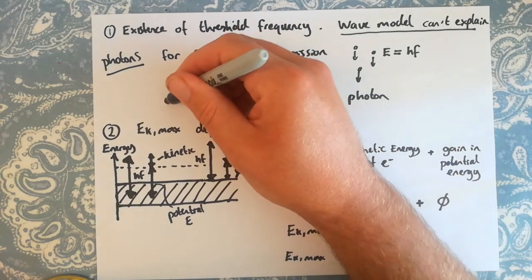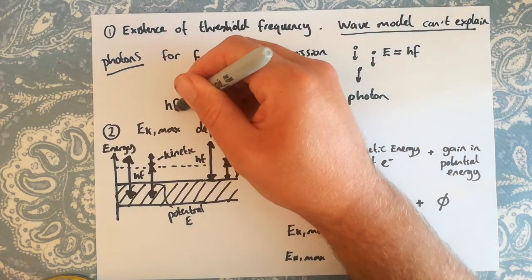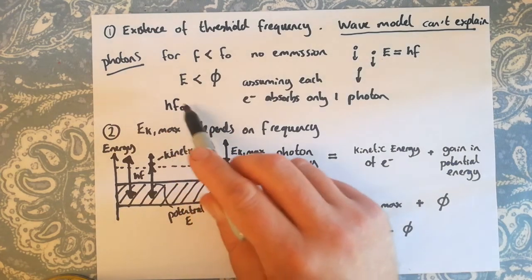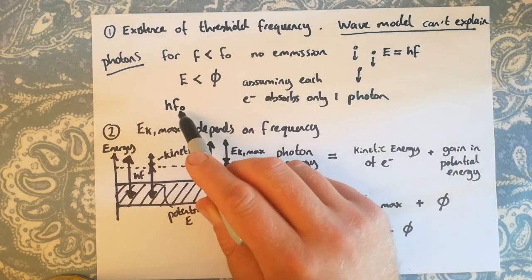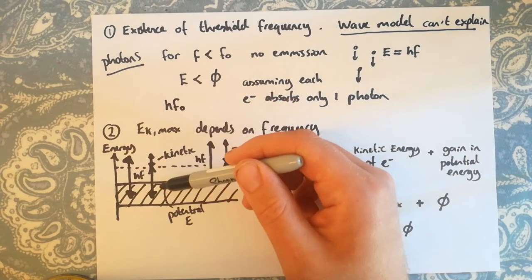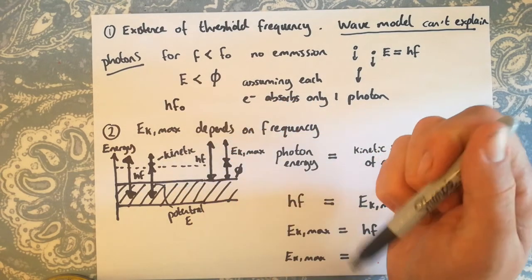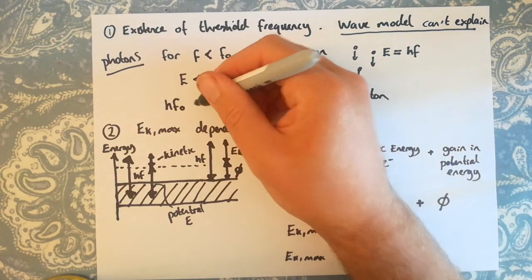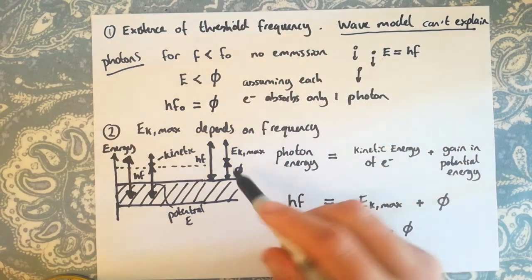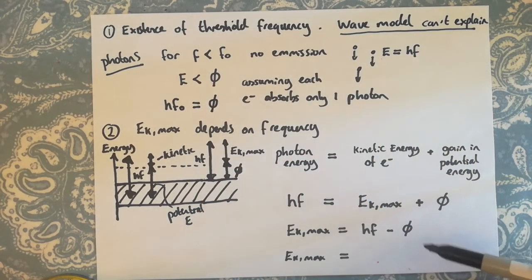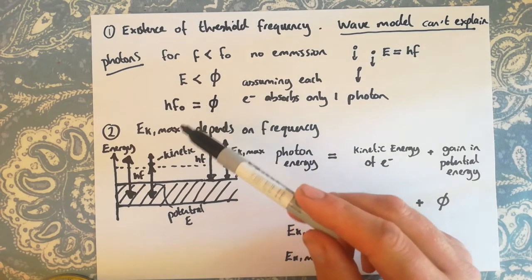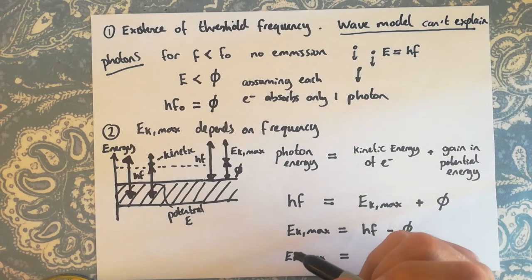So in other words, if the amount of energy our photon has is h times the threshold frequency, that photon has just enough energy to release an electron from the metal. And so we can write down this relationship, that the work function is equal to h times the threshold frequency.